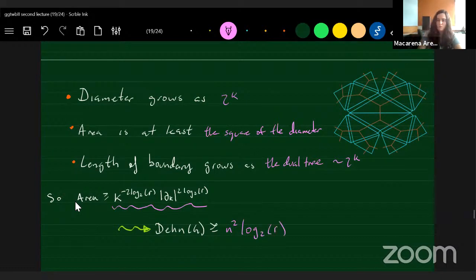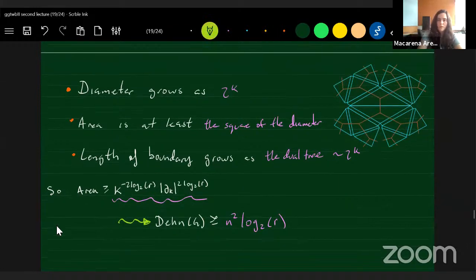So let me recap what all the elements in this function are and where they are coming from. The n squared comes from the flat planes.